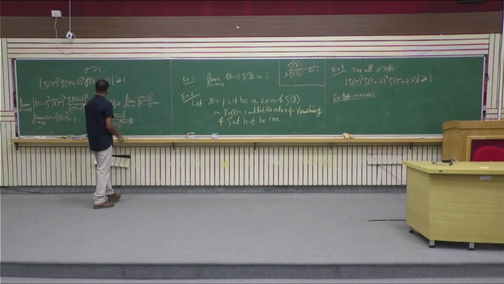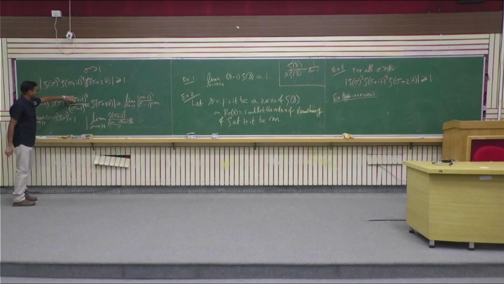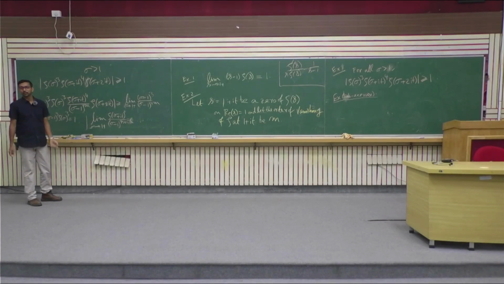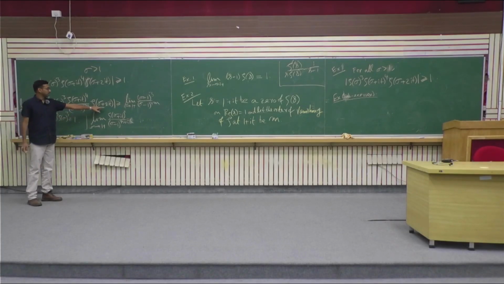And now these two are converging to some constant, and this one has some value, because zeta has only a pole at sigma equal to 1 and t equal to 0. At this point t is not equal to 0, so it will have some value. It could be a 0, it could be a non-zero point, we don't care. It cannot be a 0 because we are assuming that this is greater than or equal to 1.